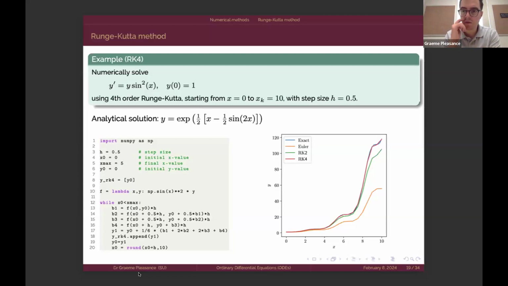For example, if you're considering a dynamical problem, you have either a single ordinary differential equation or a system of ordinary differential equations that determines how your system evolves as a function of time.